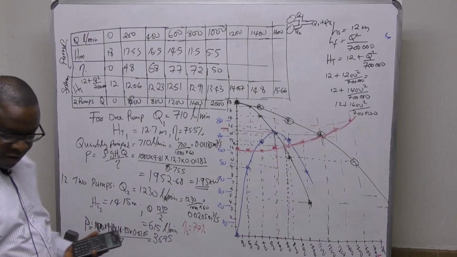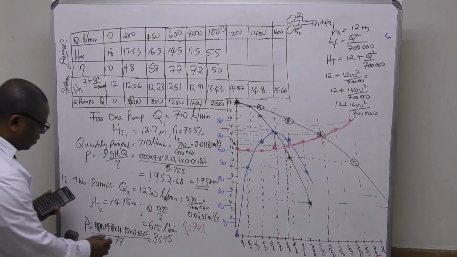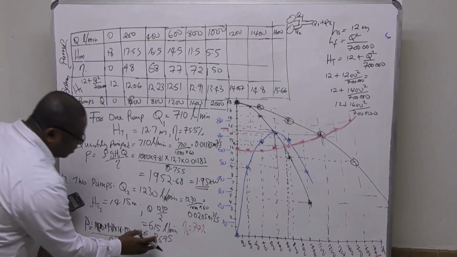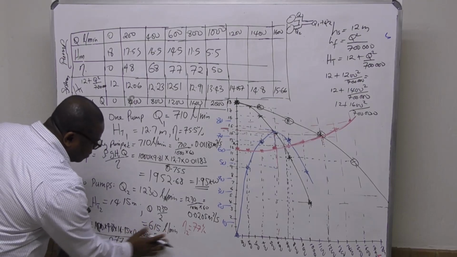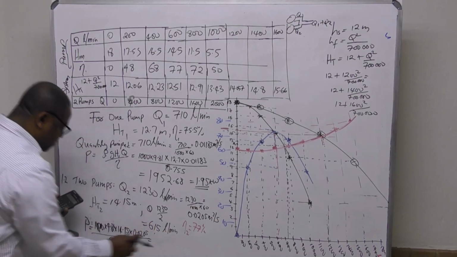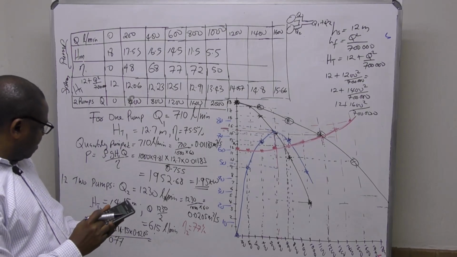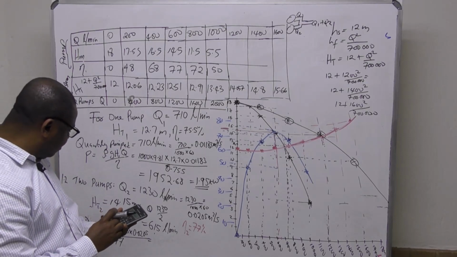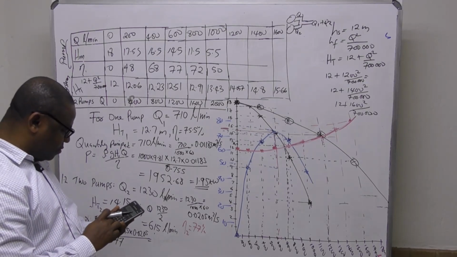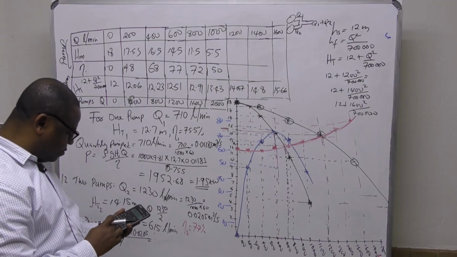Is it? Yes, I don't know. This is 0.77, please. What I'm getting, it should be divided by it.